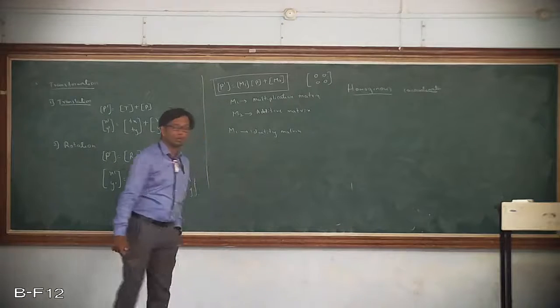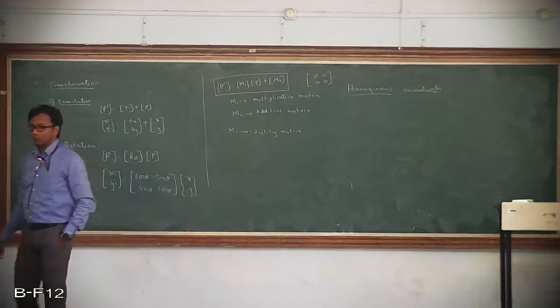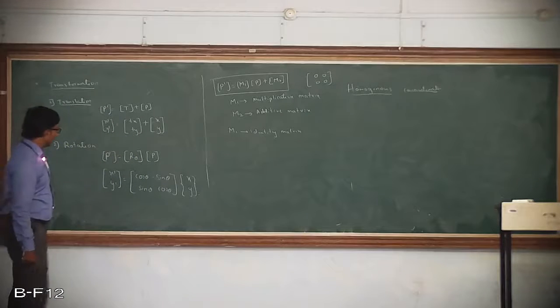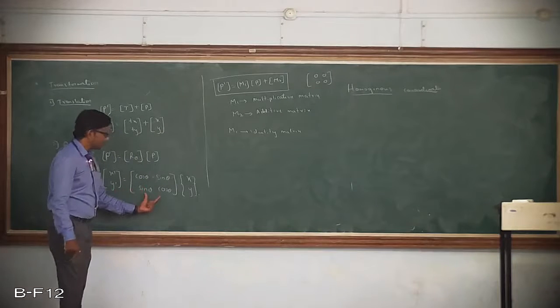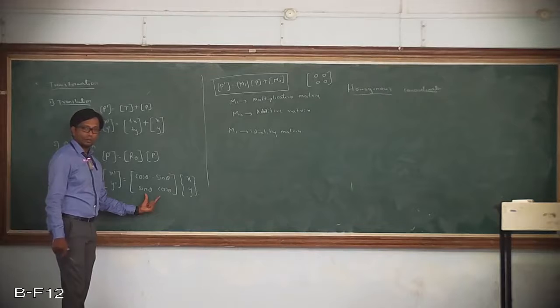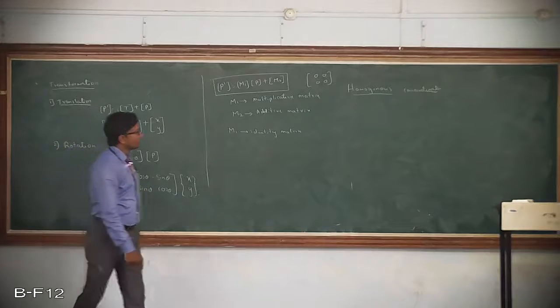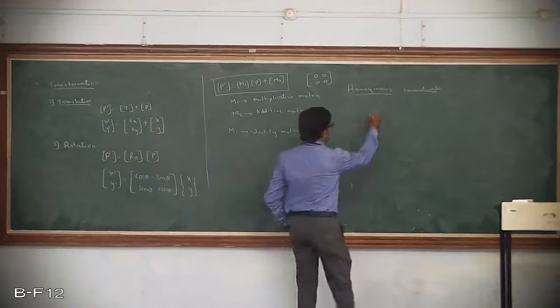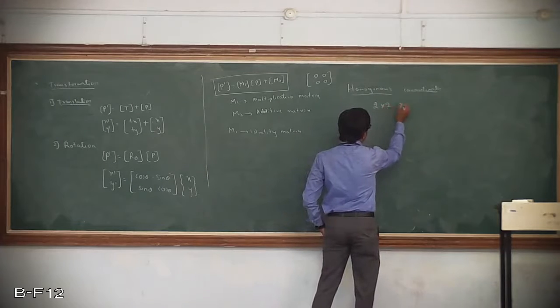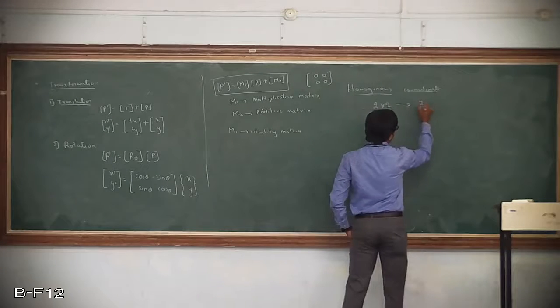In homogeneous coordinates, what exactly we are doing is, if you see this particular matrix, it is a 2 by 2 matrix. In homogeneous coordinates, we convert a 2 by 2 matrix into a 3 by 3 matrix.